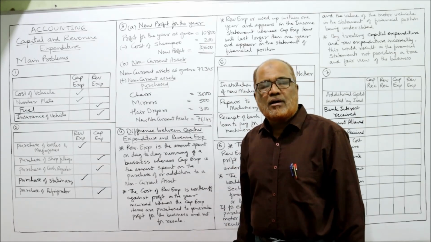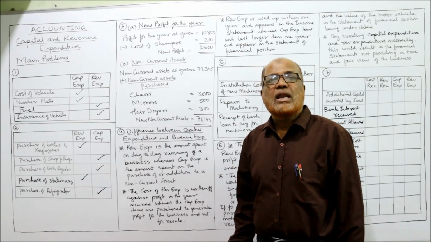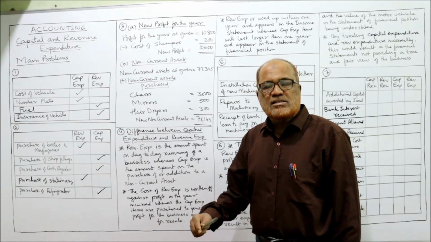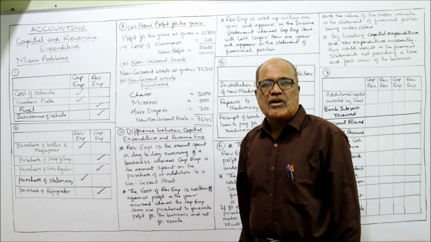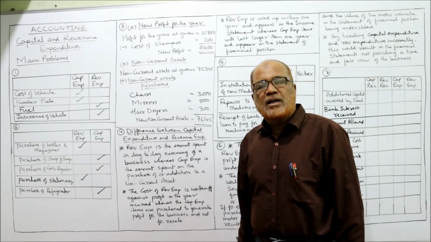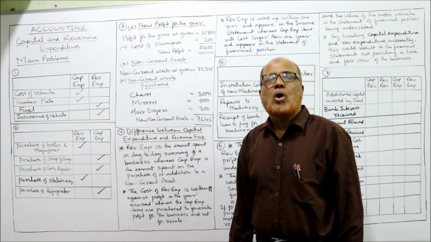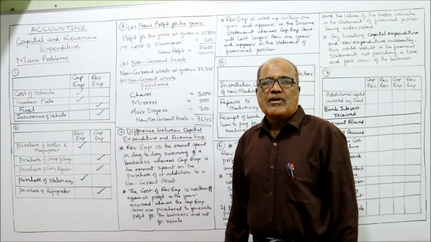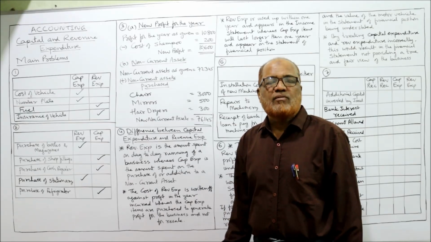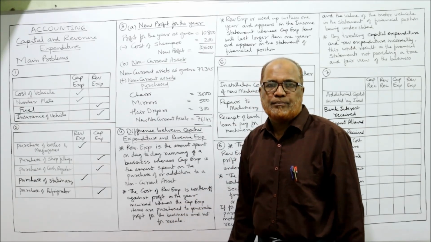Second, capital expenditure are non-recurring expenditure, whereas revenue expenditure are recurring expenditure. The capital expenditure will give the benefit for a long period of time, whereas revenue expenditure will give it for a short period of time.